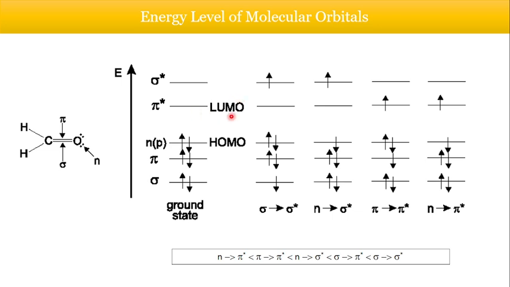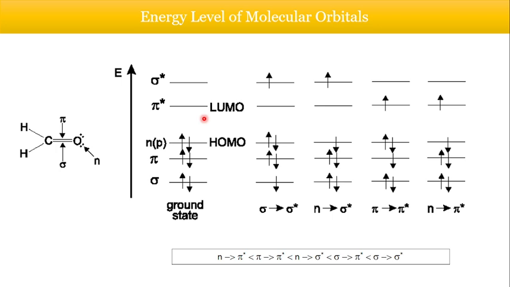LUMO is the lowest unoccupied molecular orbital and HOMO is the highest occupied molecular orbital. In this case, the highest occupied molecular orbital is a non-bonding orbital, whereas the lowest unoccupied molecular orbital is the pi star, that is your pi antibonding orbital.